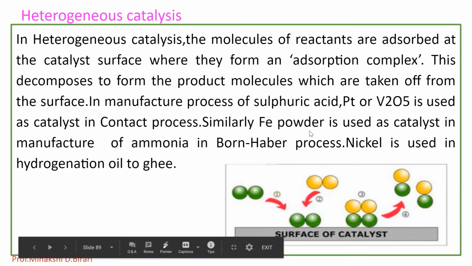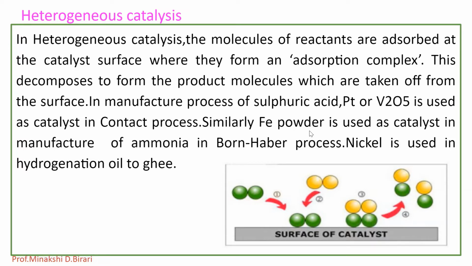These are a few examples of the catalysts used in heterogeneous catalysis: platinum, vanadium pentoxide, Fe powder, and also nickel, which are used in different processes. So adsorption has an important role in heterogeneous catalysis.